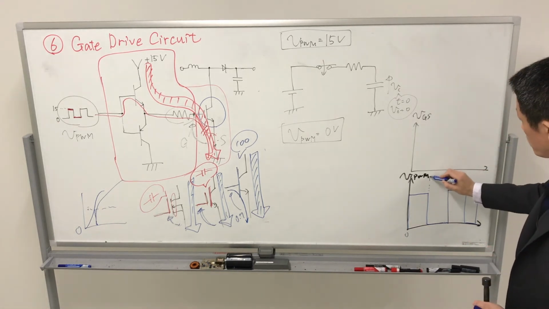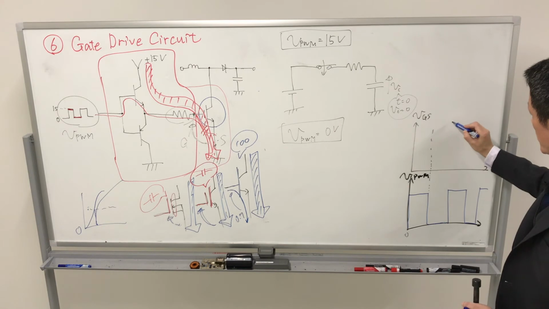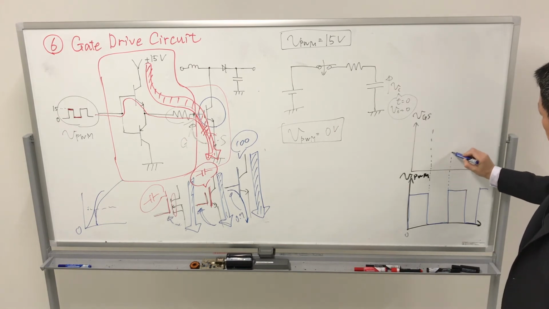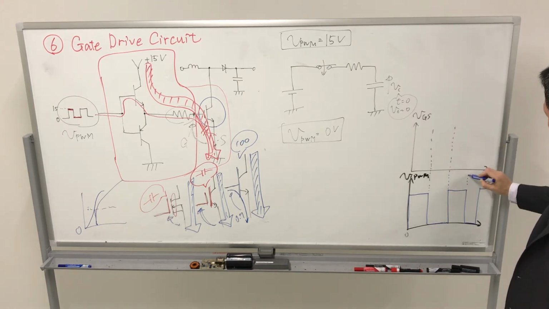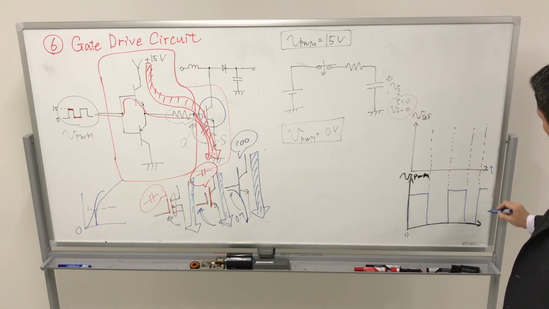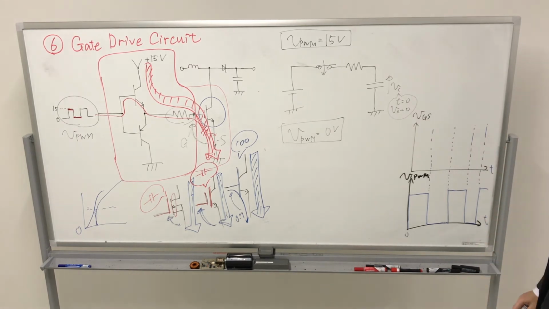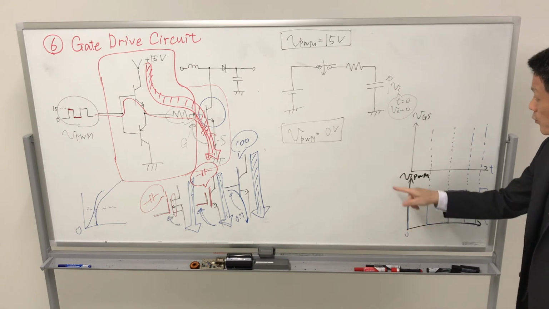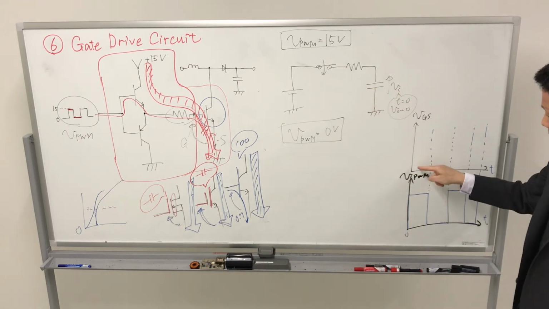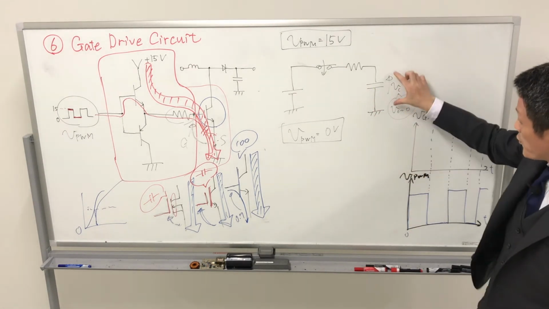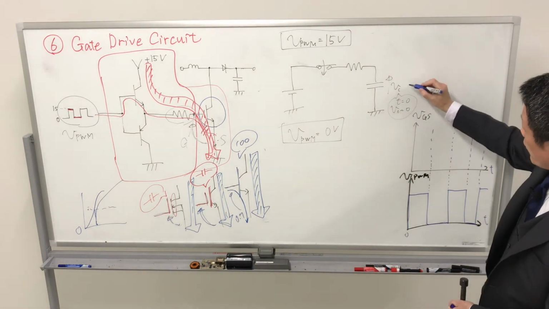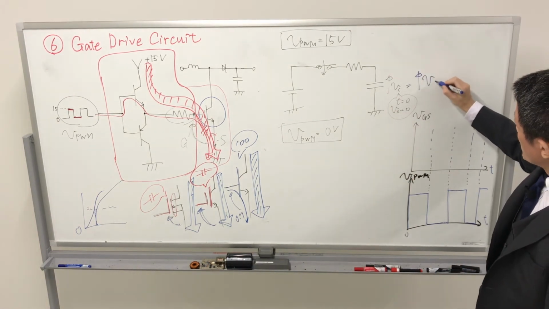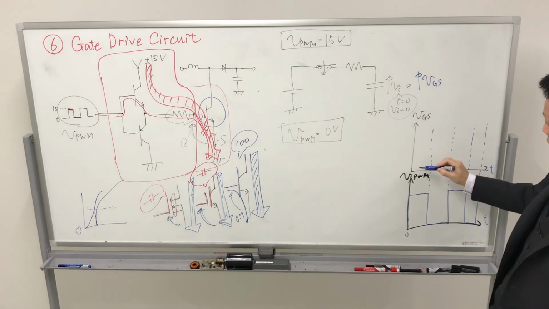How about the VGS? Please illustrate the voltage. This is T. Turn on. T equals 0, turn on. VGS, this means VGS turn on.